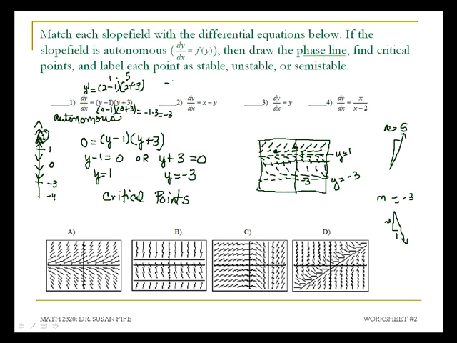I'm going to get -4 minus 1, and -4 plus 3. That gives me -5 times -1, or 5. And so my slope is positive in this last region, is going up.